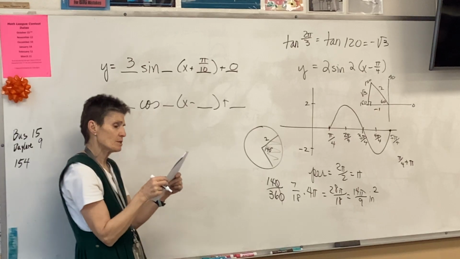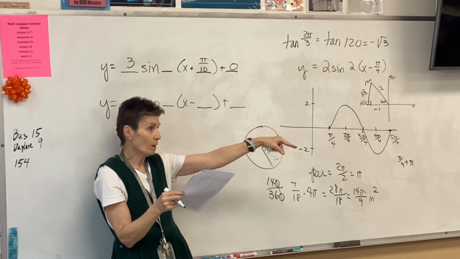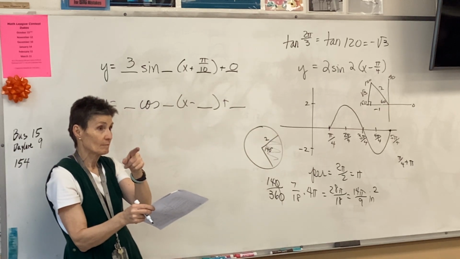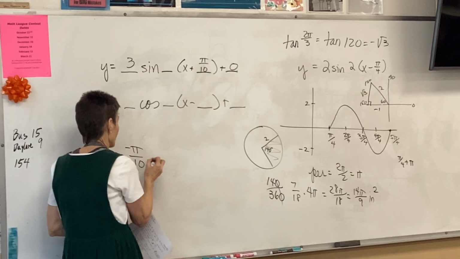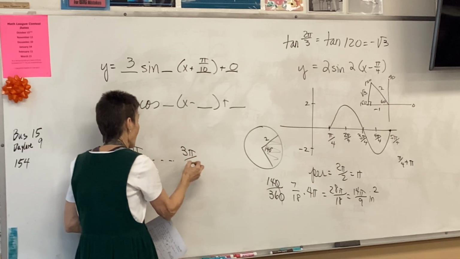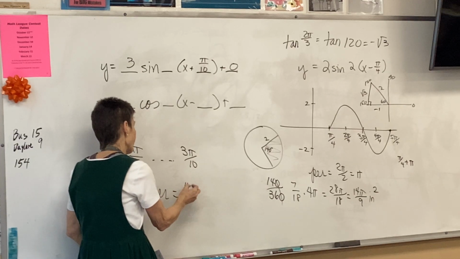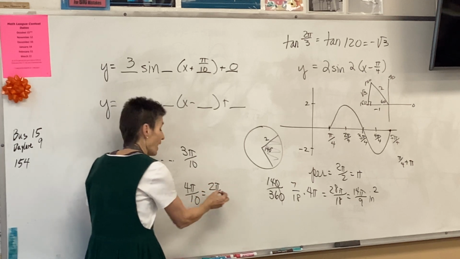And what appears to be our period? Now we're going from negative 1/10 pi to 3/10 pi. How far is that? 4/10. So our period is 4 pi over 10, which is 2 pi over 5.